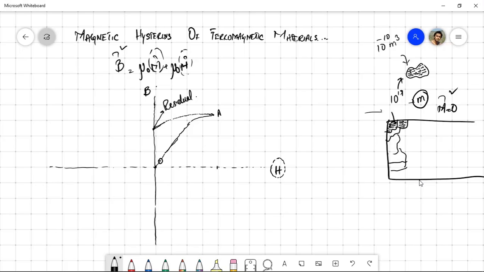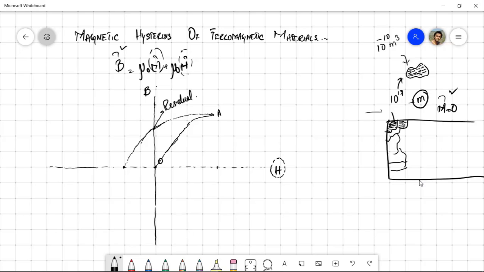Now if we start increasing the value of H in the opposite direction, then the value of B will start to decrease. Okay, so there will come a point at which the value of B will become 0. When we keep on increasing the value of H in the opposite direction, we are forcing these domains to misalign themselves.